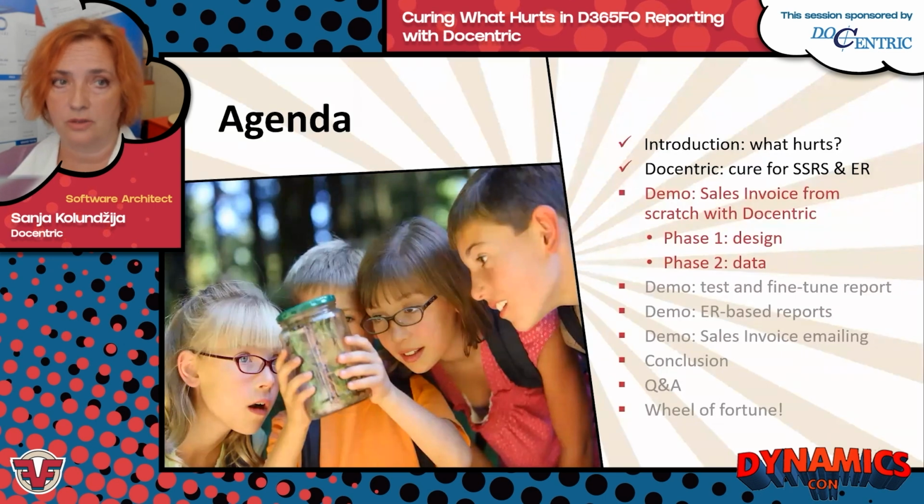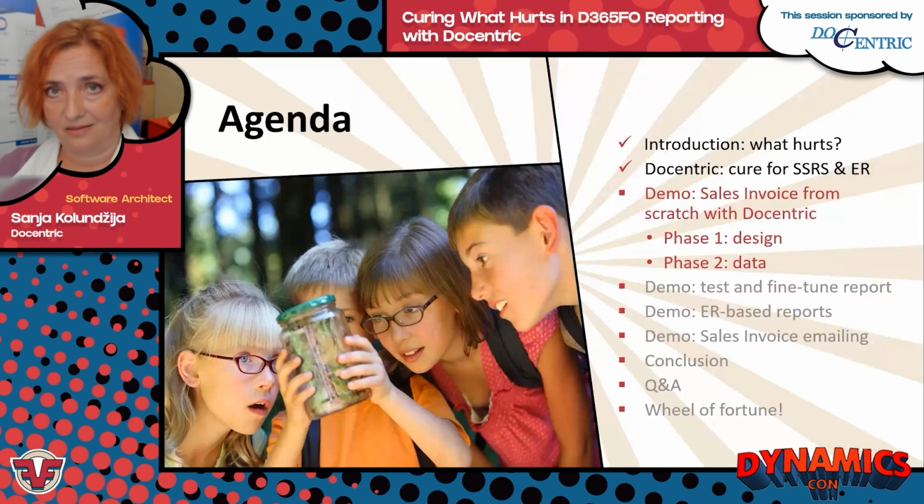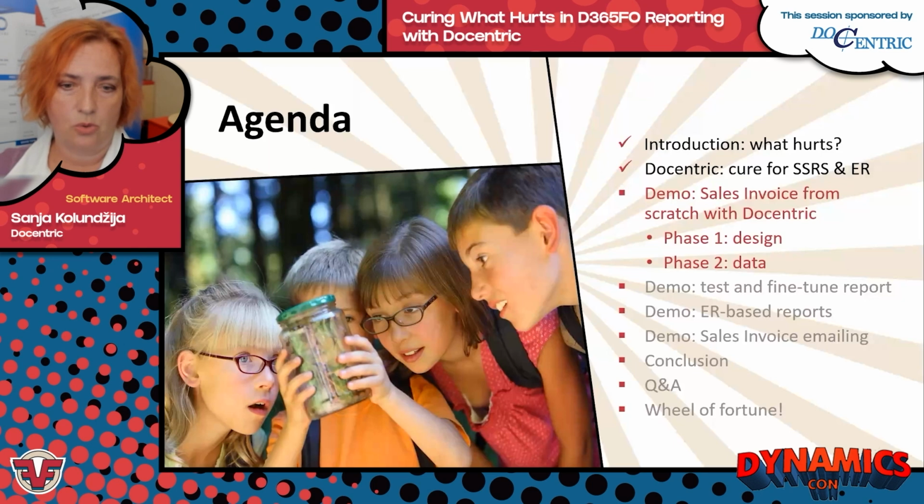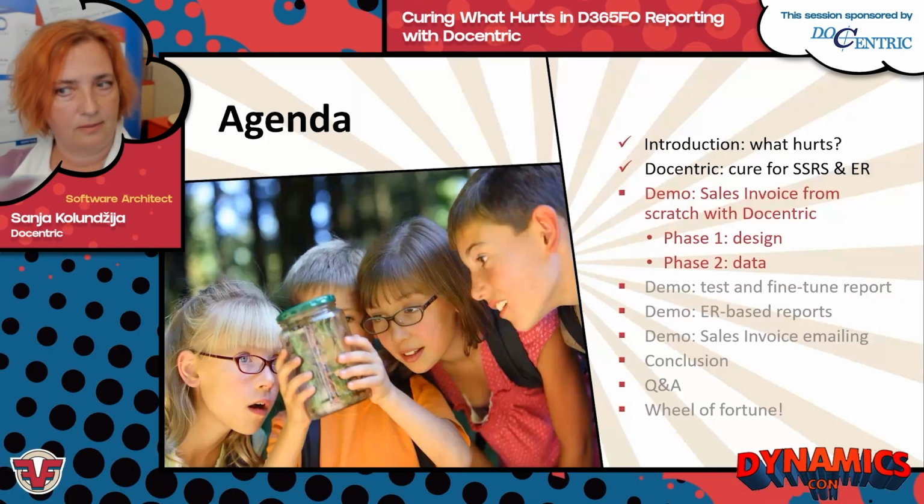So for that, we don't need Docentric. We only need Microsoft Word. And for that, I will run one really short accelerated video clip, which will show you a possible process. And then in the second phase, we will take that mockup and start using Docentric tools to transform it into a fully functional Docentric template.